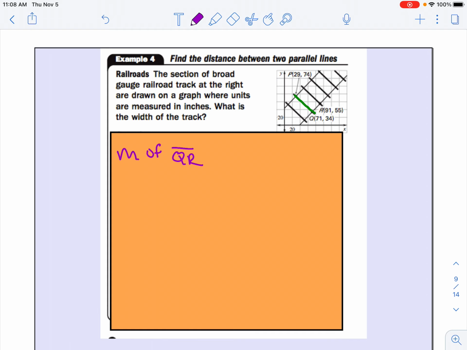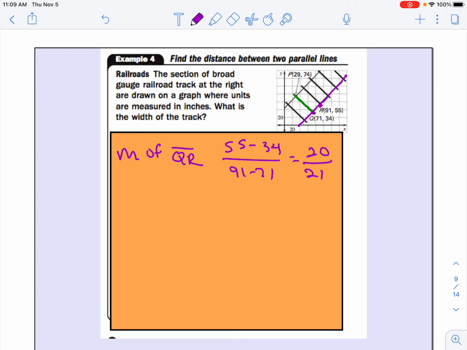QR are these two points right here, so here's Q and R. We're going to find the slope of that, and we can use our y2 minus y1 over x2 minus x1. So we can take 55 minus 34 over 91 minus 71, which gives us a slope of 20 over 21. So now we know the slope of this line right here.